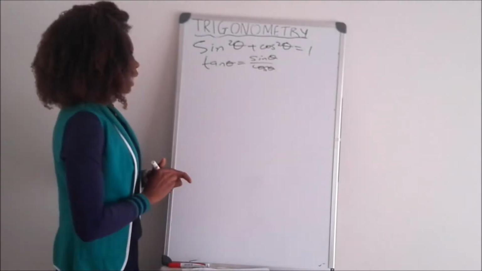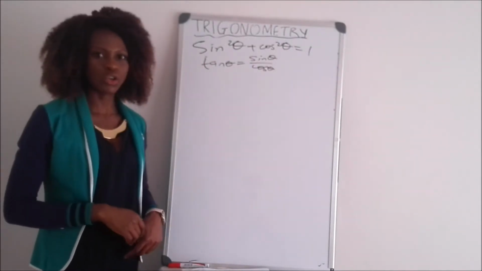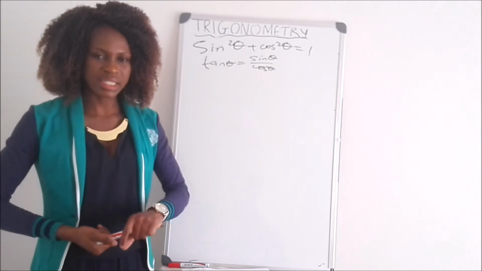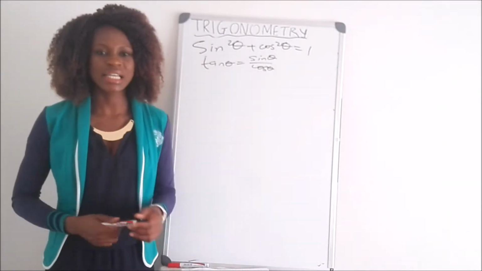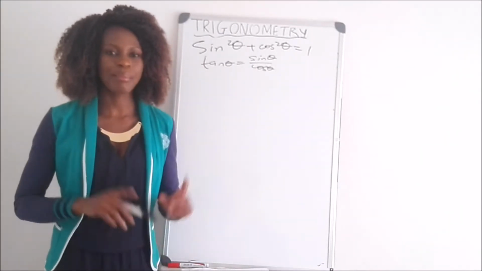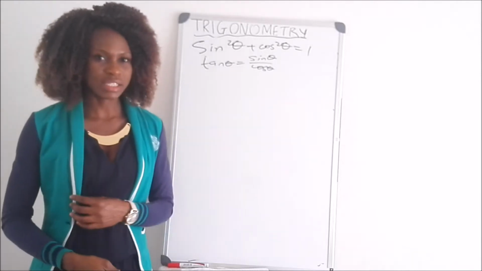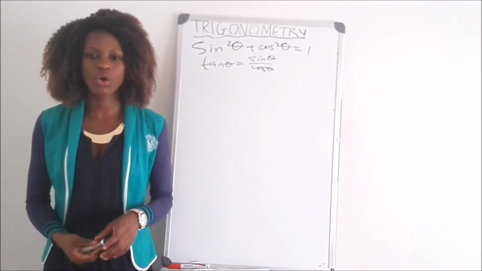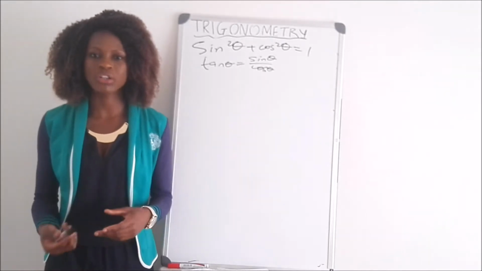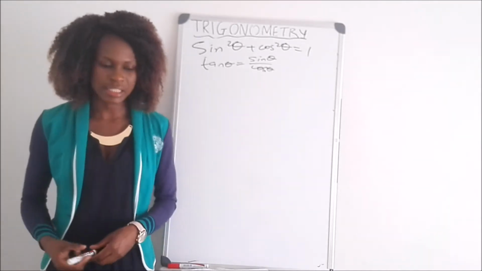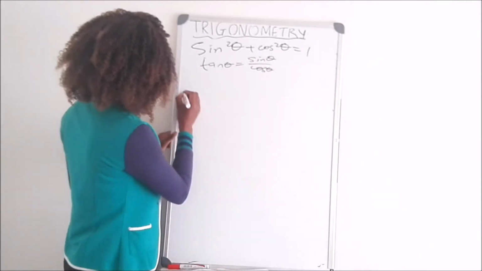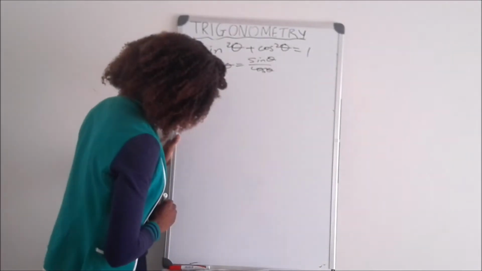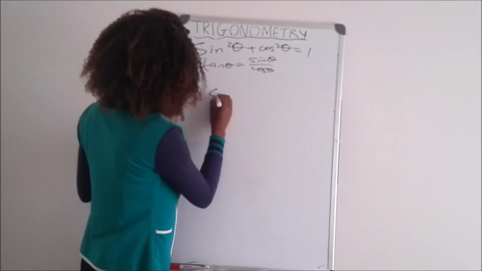Remember, if it's sine squared theta minus cos squared theta, it's not an identity. The identity does not change. It's always sine squared theta plus cos squared theta is equal to 1. If it's sine squared theta minus cos squared theta, don't be confused and make it equal to 1, because it's not an identity.